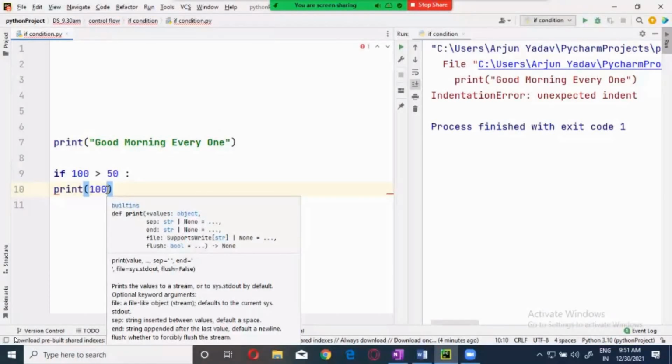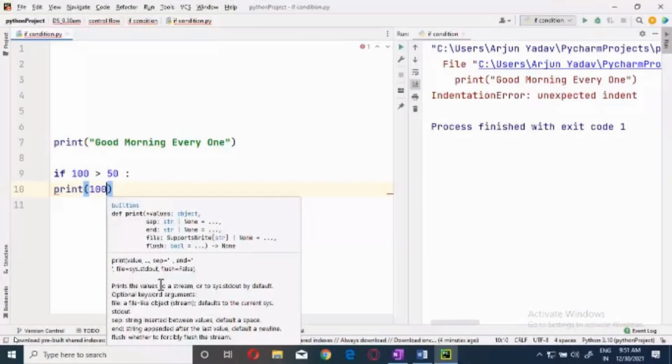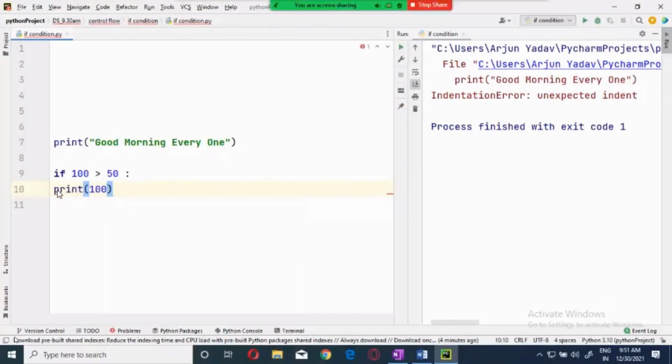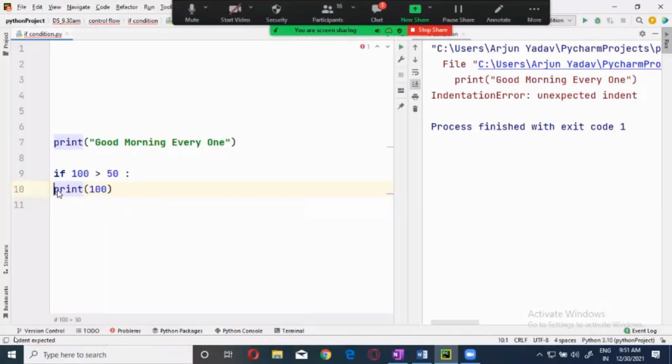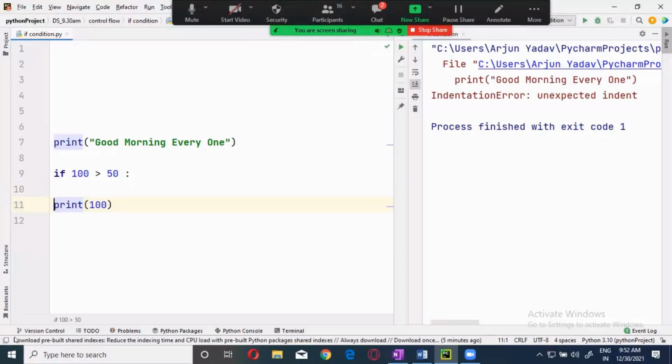It's not a loop, it's a condition statement, I think. Now, if I am not giving it like this, will it be an error? Yes. What will be the error?